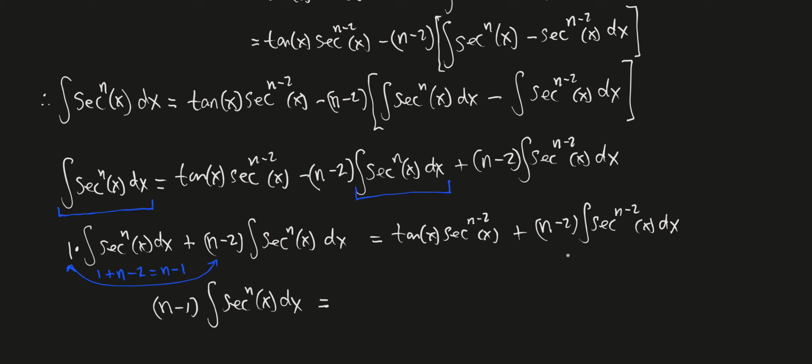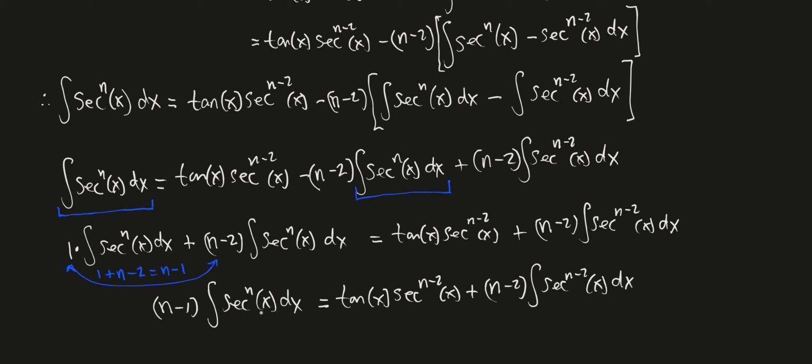And then over here, what do I have left? Well, I pretty much have the same thing. Tangent x times the secant to the n minus 2 power, and then plus n minus 2, and then times the integral of secant to the n minus 2 power, right?